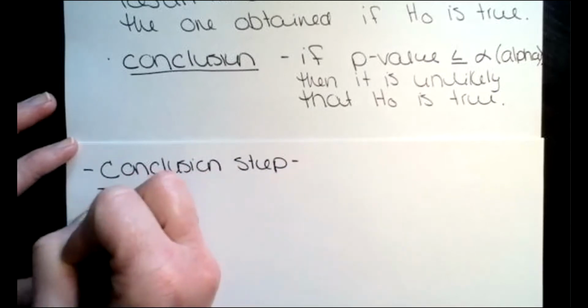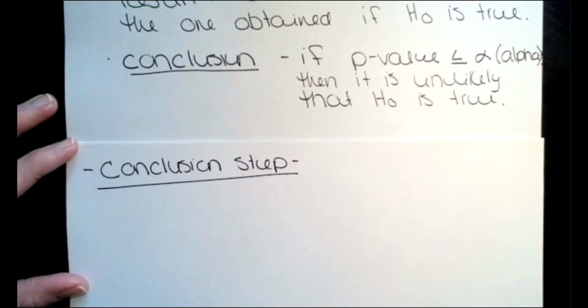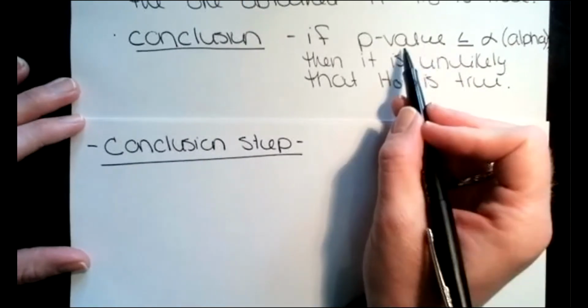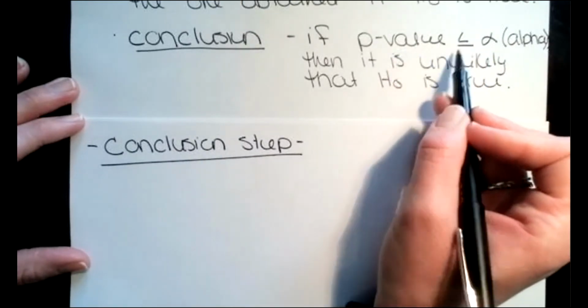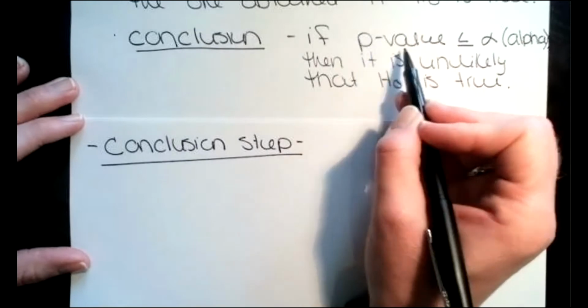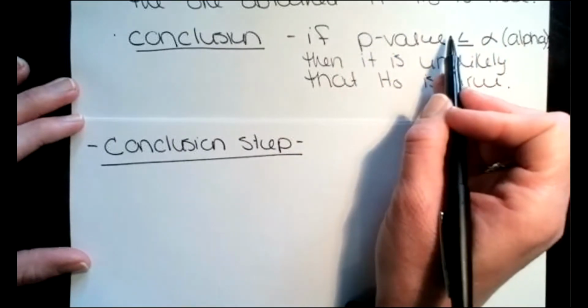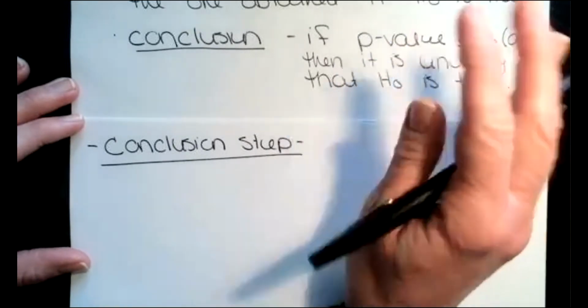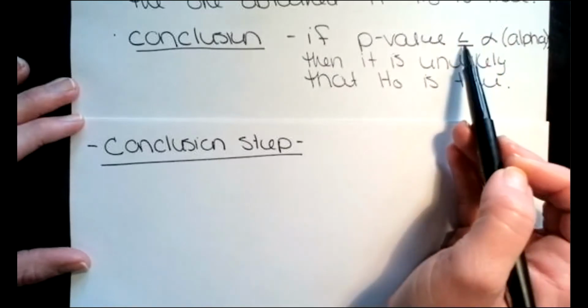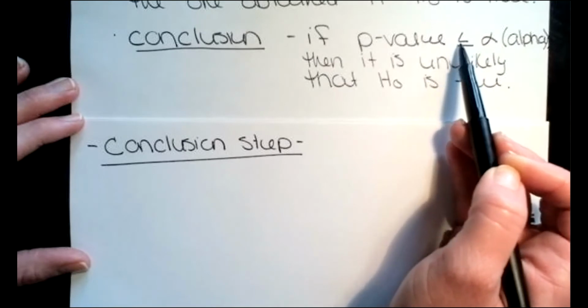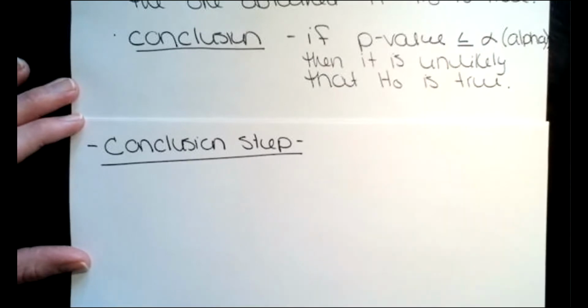So for my conclusion step, we're going to ask ourselves this question right here. Is the p-value less than alpha? This never changes. It's always the same question. Is it less than or equal to alpha? Always. Never going to change this. It's never going to match your HA. Some people like to think it matches your HA. It does not. It always is just less than or equal to.